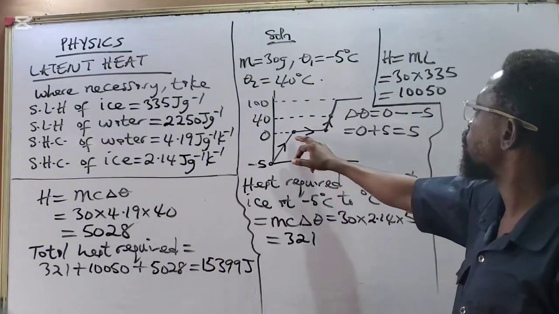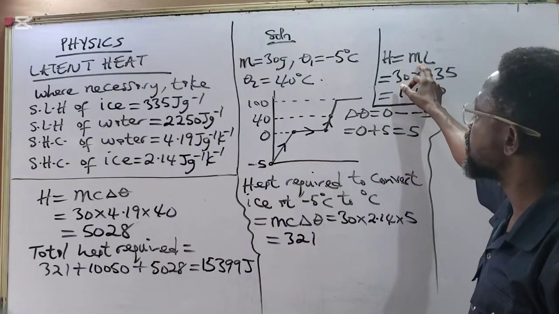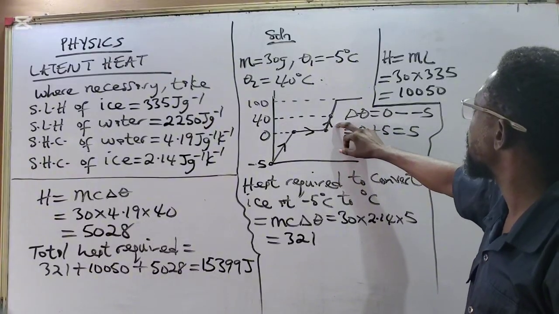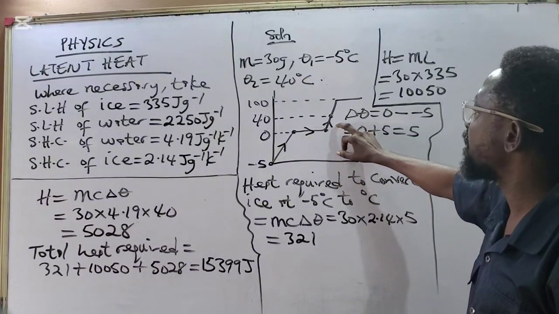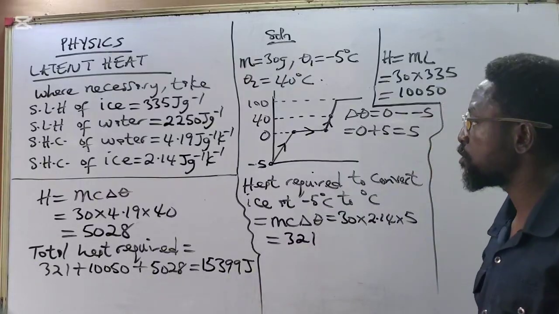Then at this point, we have the latent heat: the mass times the latent heat of fusion of ice. Then you'll make use of the mass times the specific heat capacity of water. Add up to get 15399 joules.